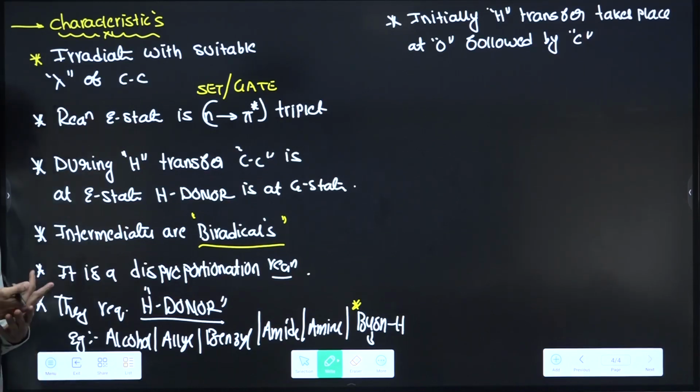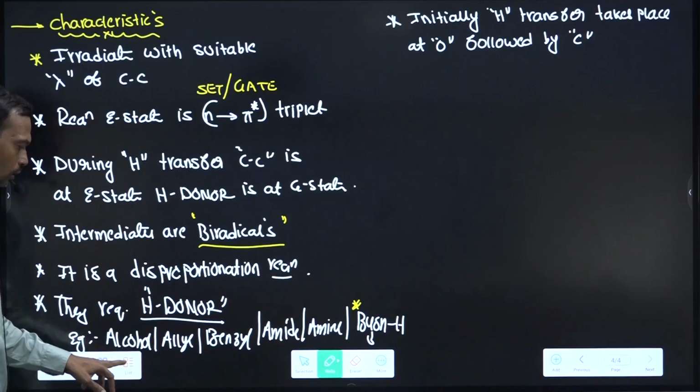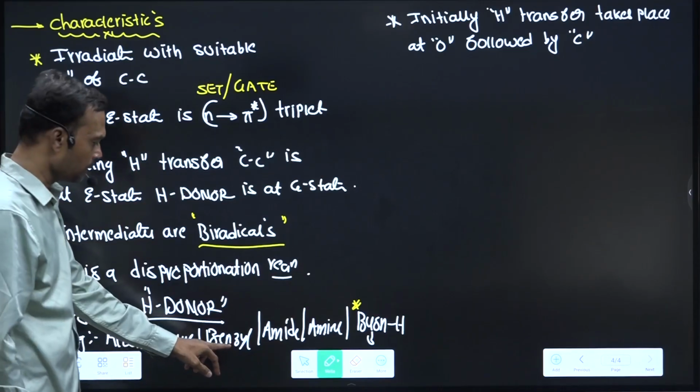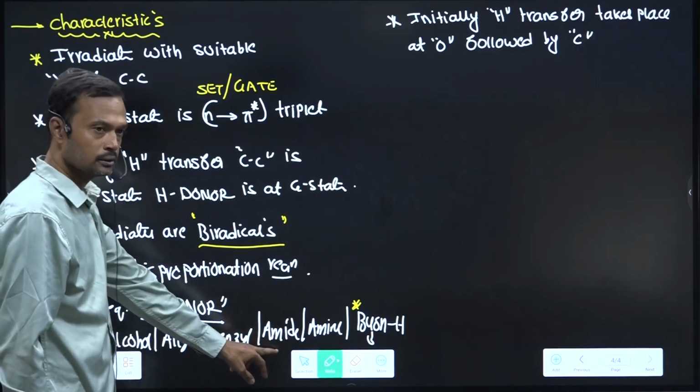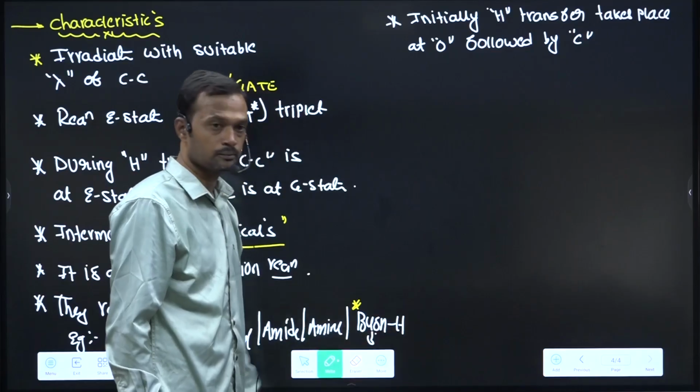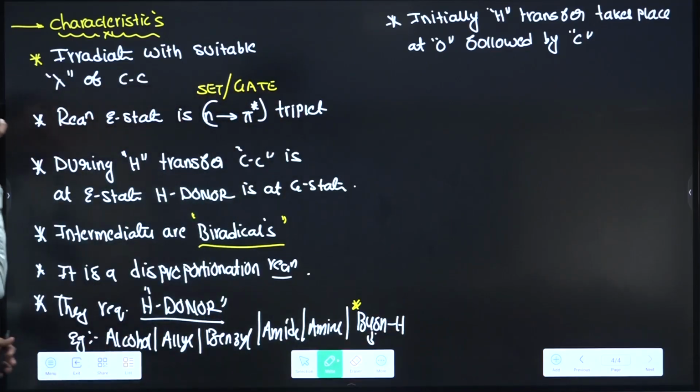Carbonyl having oxygen and carbon, hydrogen transfer first takes place on oxygen followed by carbon. Alcohol, allyl hydrogen, benzyl hydrogen, amide, amine, tributyl tin hydrogen. So in photoreduction, first hydrogen transfer takes place on oxygen followed by carbon.